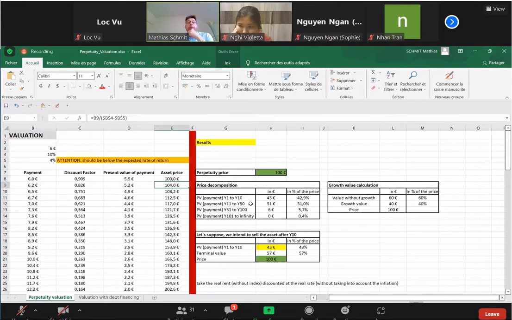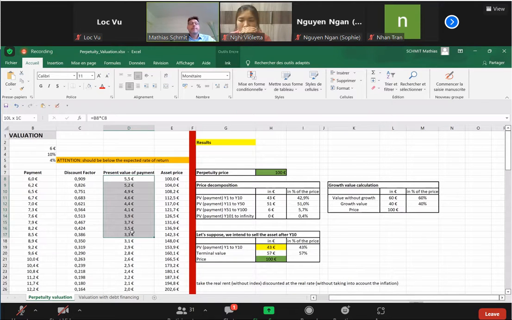If I split the price according to the periods, the present value between year 1 and year 10 is 43. So the discounted value is the sum of all the present values till year 10.